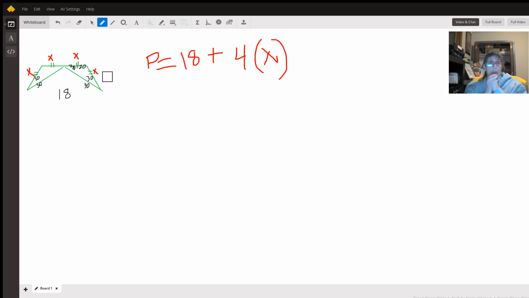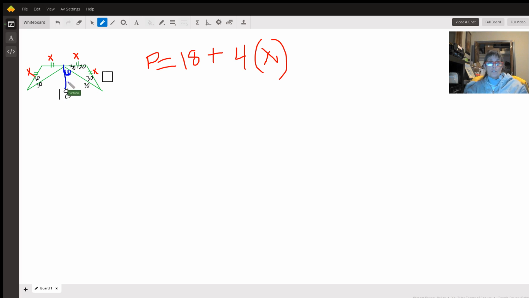Now, I believe that the trick here is to see, how did I do it? First of all, let's use this 30, 60, 90 triangle for just a minute, okay? So I'm going to put a blue line right here. This is 60.